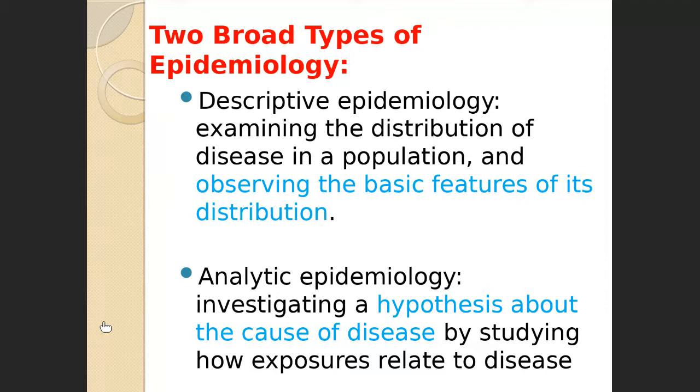So we have two types of epidemiology. First one is descriptive epidemiology, which, as I mentioned before in the definition, is related to distribution of disease in population. Analytical epidemiology is about investigating the hypothesis about the cause of disease.